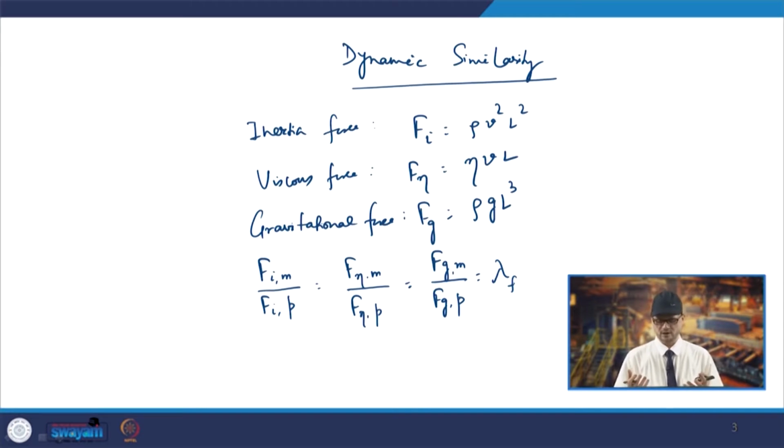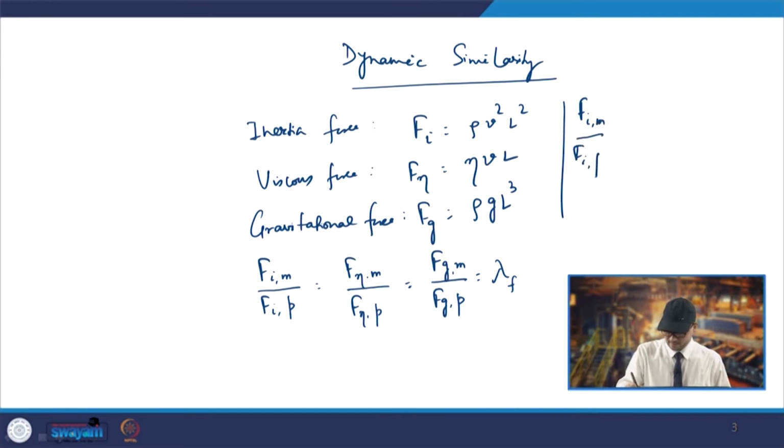So, the similarity condition for the dynamic similarity tells that these values should be same. So, this condition: F I m to F I p should be equal to F eta m to F eta p.